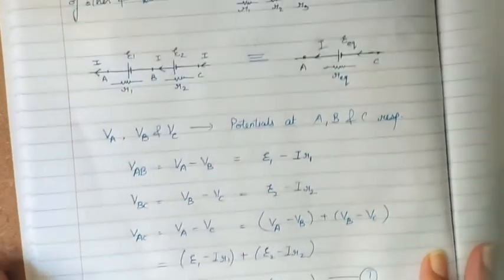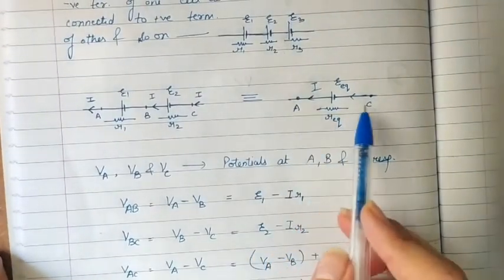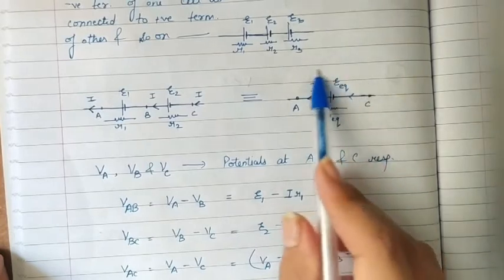Again, we can find the potential difference VAC by this equivalent combination or equivalent system.